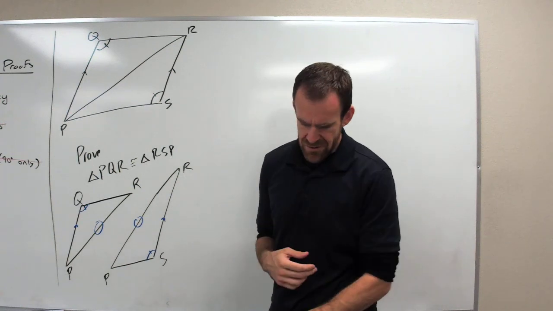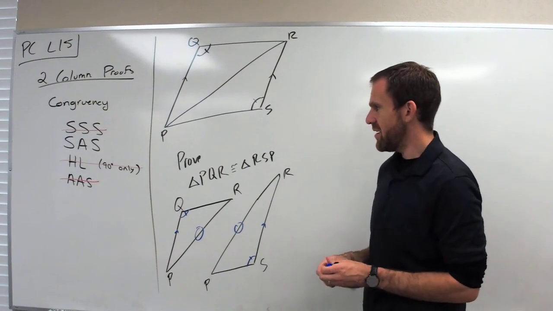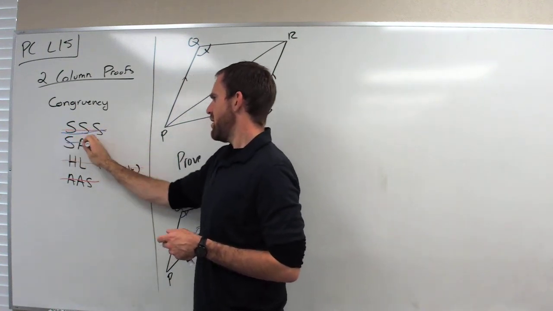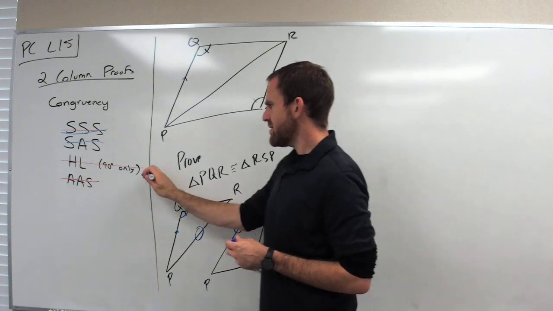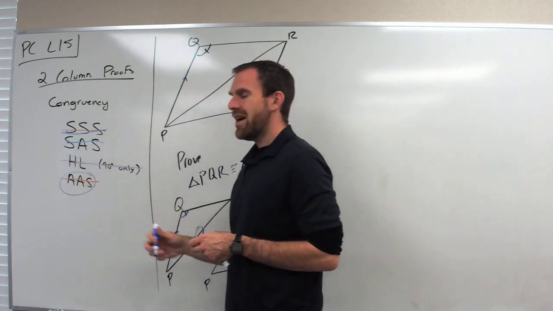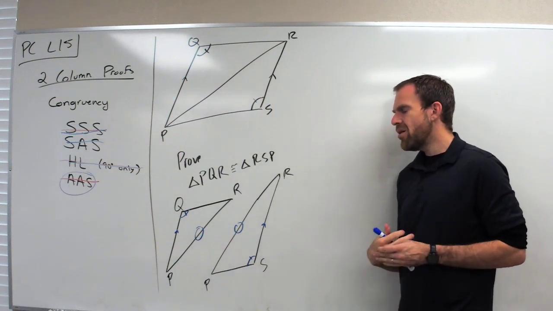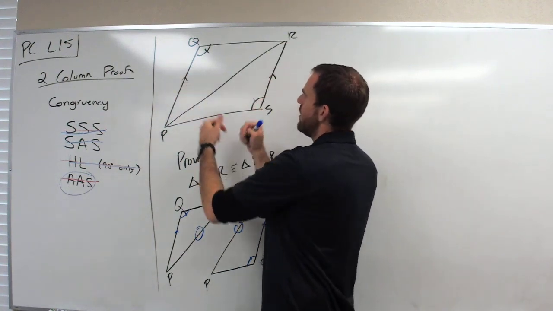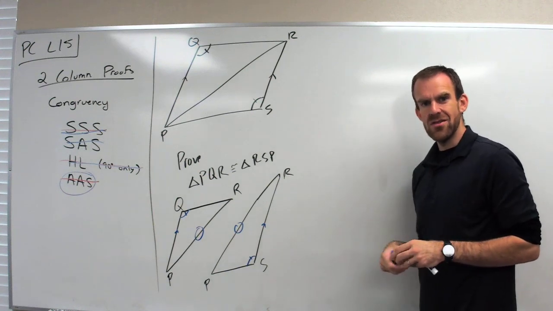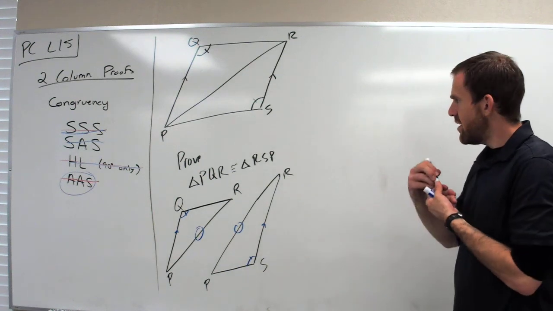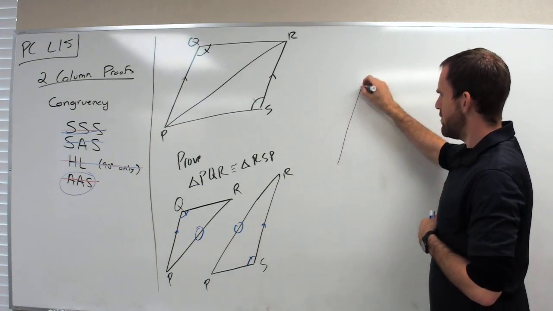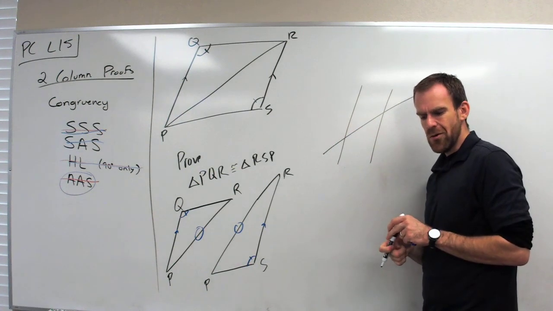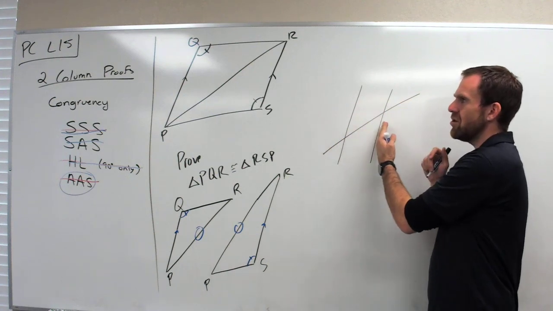That gets rid of, if I look at my postulate list over here, I only know one side, so this guy's out, and this guy's out, and this guy's out. So I'm looking for angle, angle, side. Now, what's the other angle? The trick is with parallel lines that usually more angles are congruent. Let's look at this picture and see if this helps. You guys have done problems like this before, where you have a line going through two parallels.